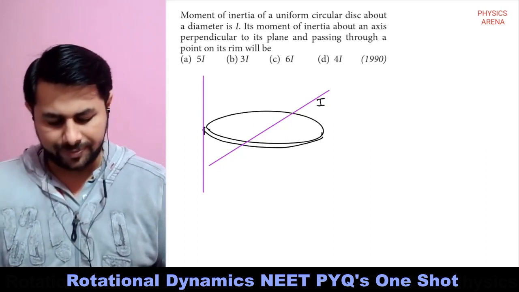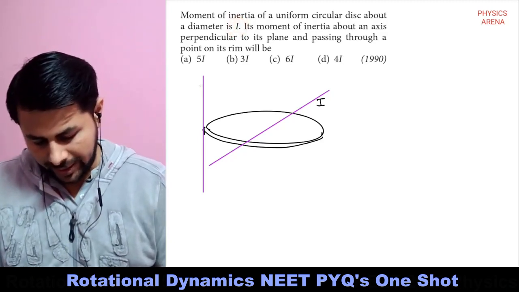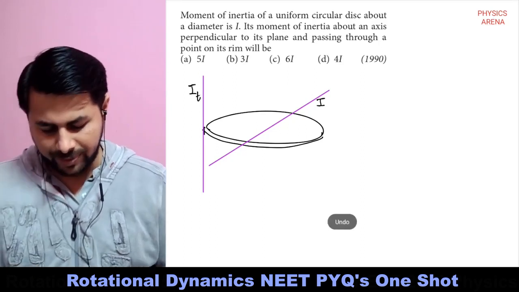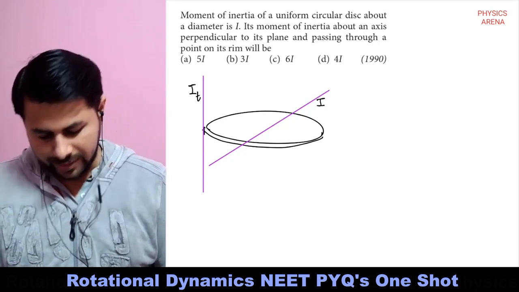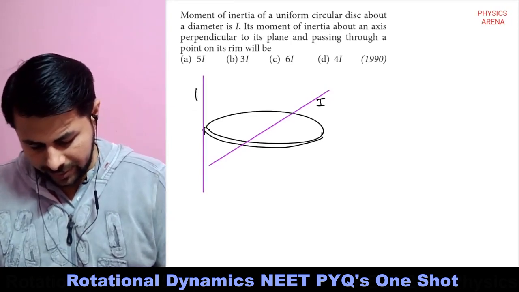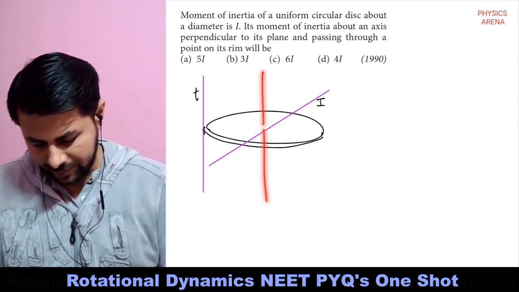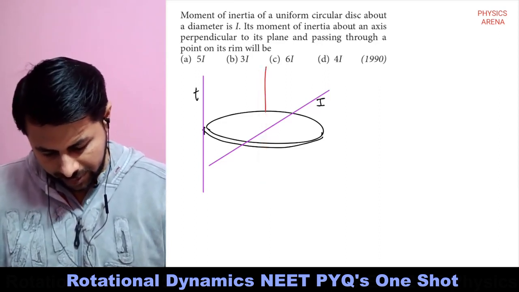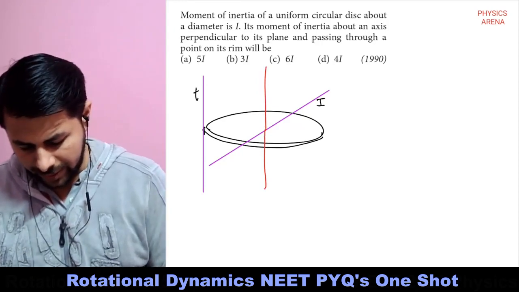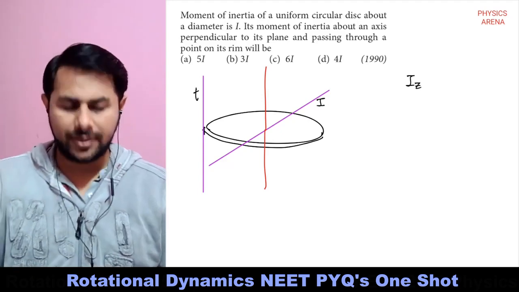So this is I. They are calling this as I. And I want I suffix z, or let's call this as I suffix t. Let's call it tangent. So t, and z axis will be like this. I'll draw it in a different color. So now Iz. How much is Iz for a disk?